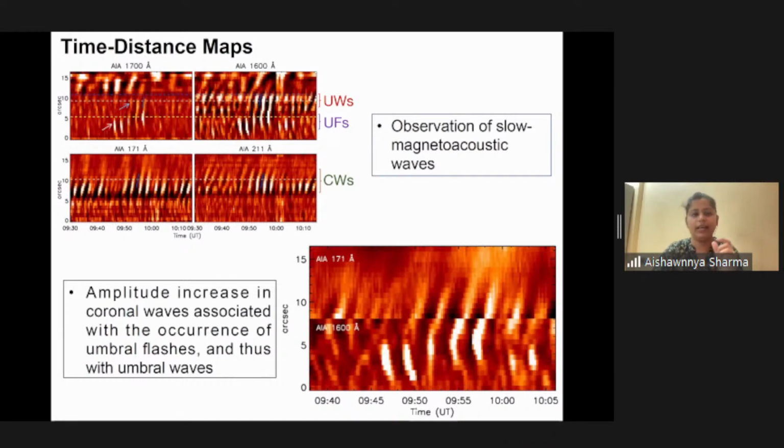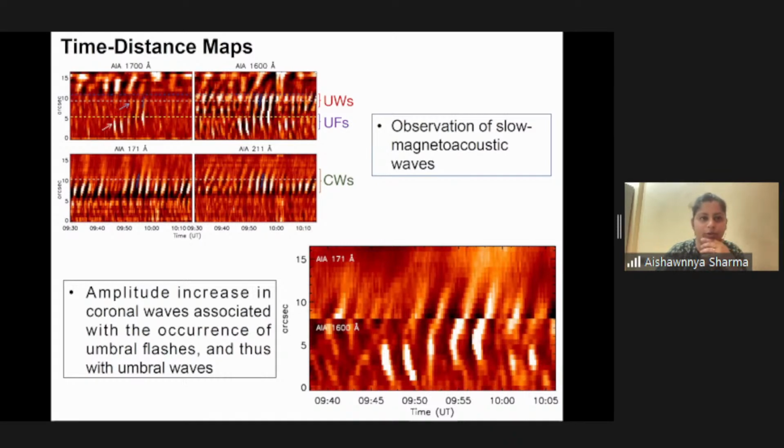Around 9:42 to 10, this is the time when these umbral flashes were happening. Between 9:40 and 10, there is an increase in brightness.